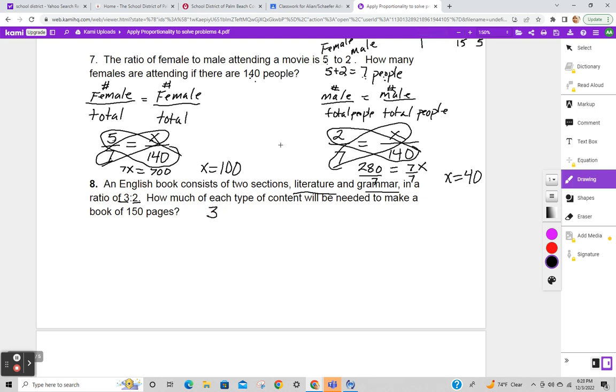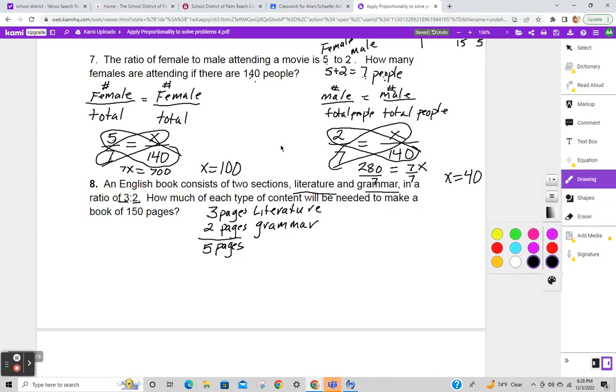So you have 3 pages literature, and you have 2 pages grammar. That means you have a total of 5 pages in this ratio of 3:2.